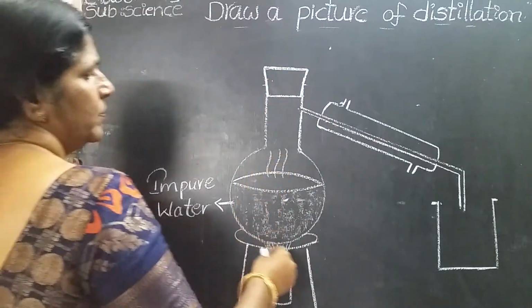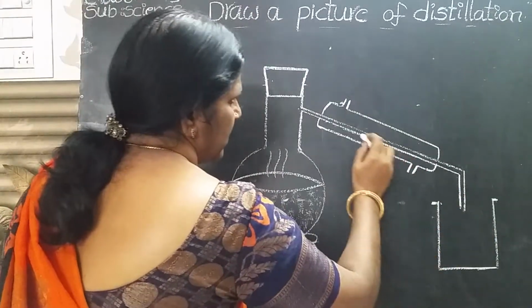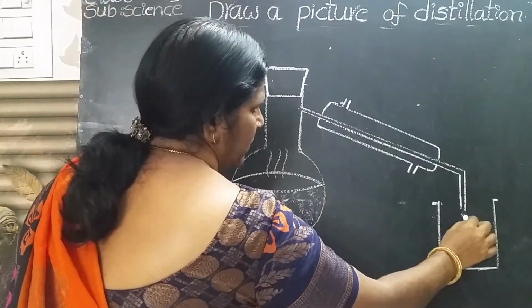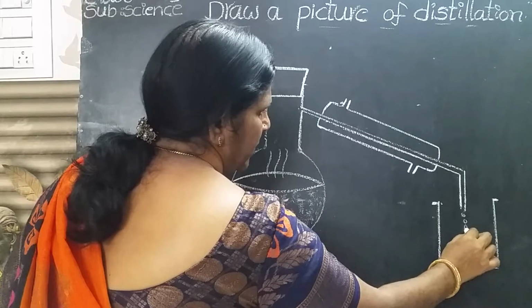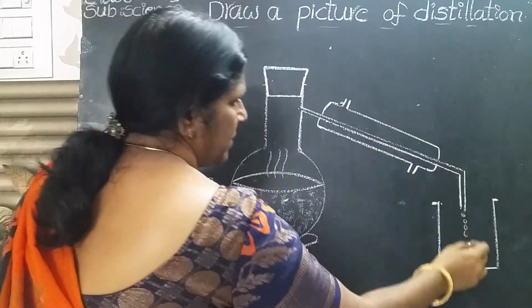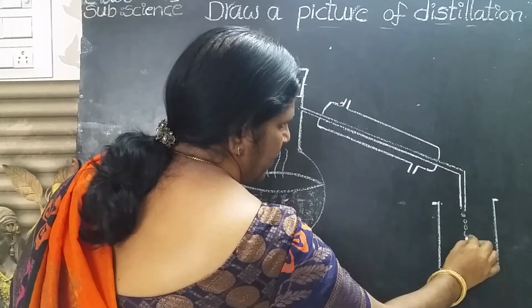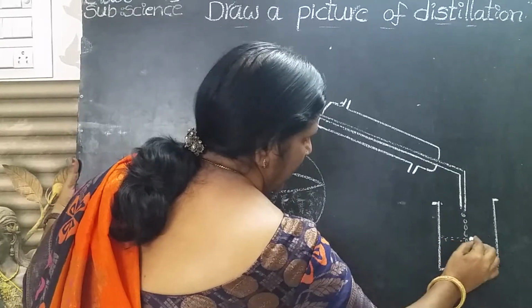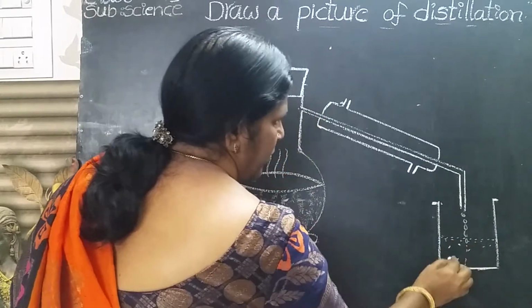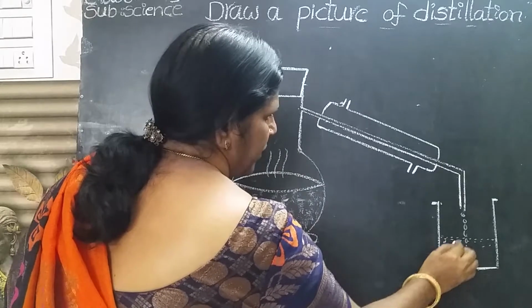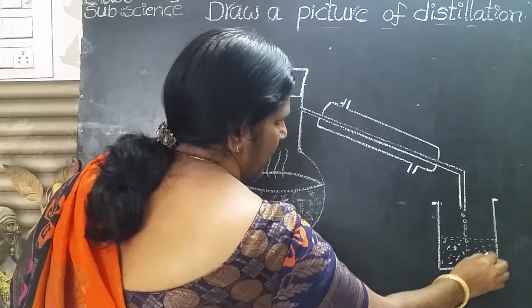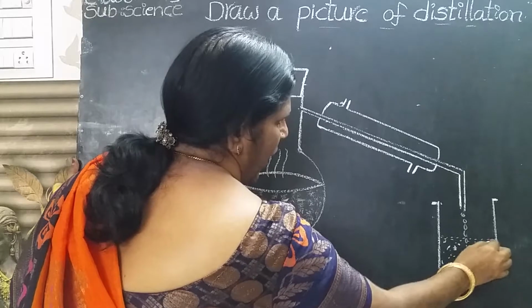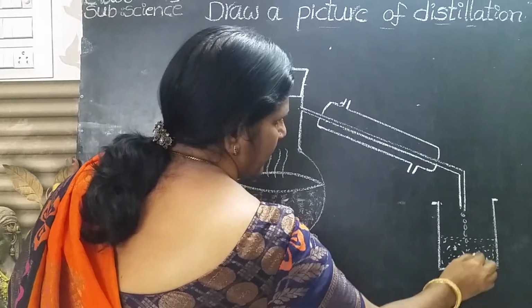Okay, and here steam is cooled by the cool condenser, and this water is distilled water. Okay, this water is distilled water, the purest form of water. We have to keep dots.